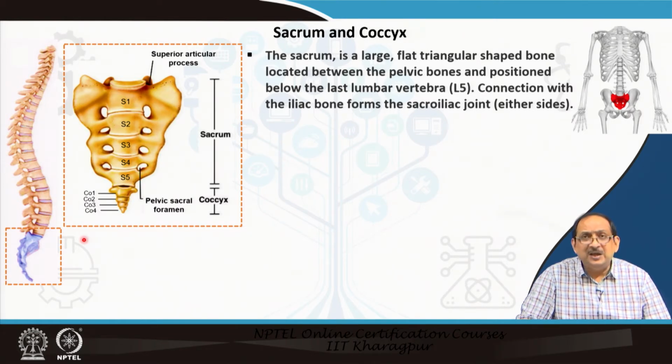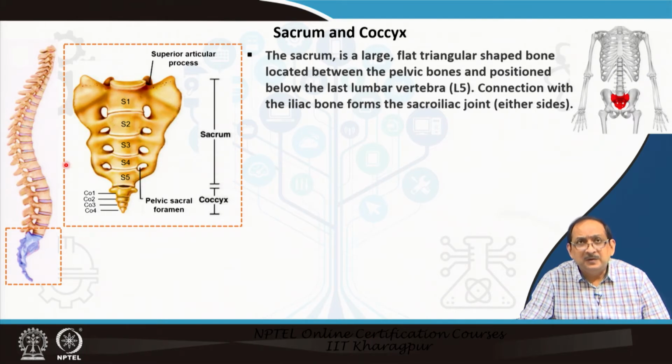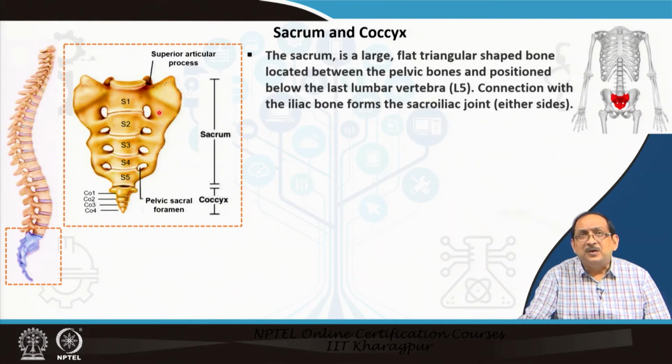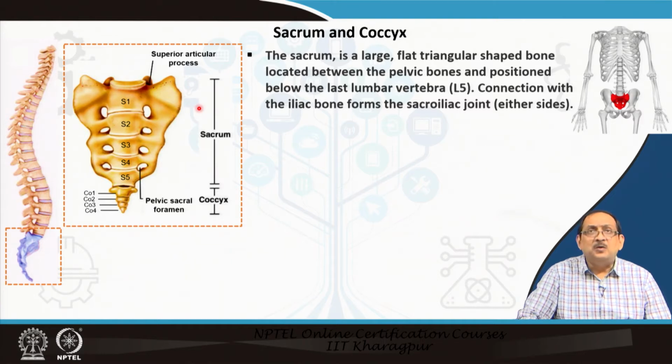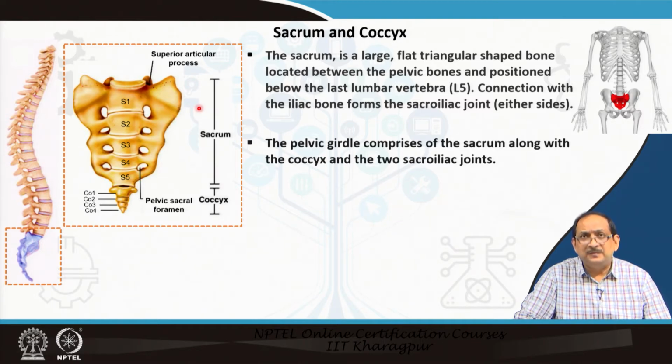Connection with the iliac bone somewhere here and here on either side forms the sacroiliac joint on both sides. The pelvic girdle comprises the sacrum along with the coccyx and the two sacroiliac joints.